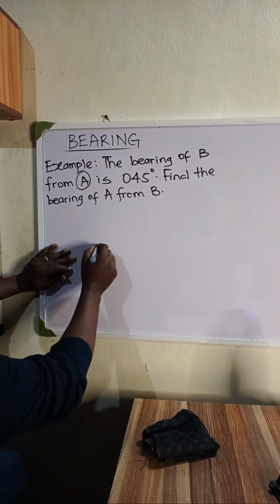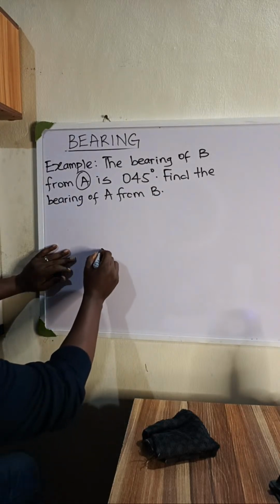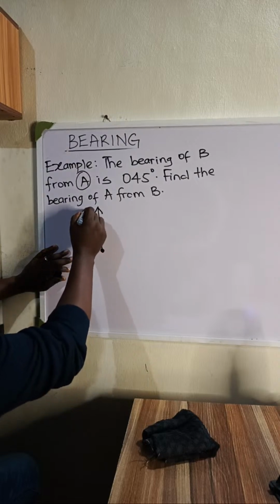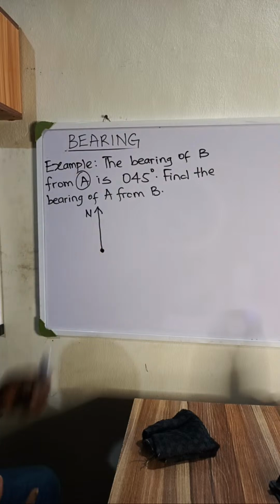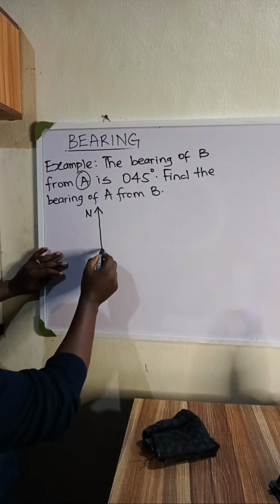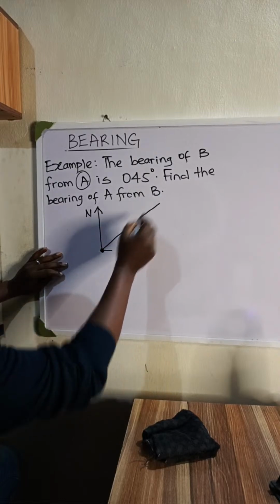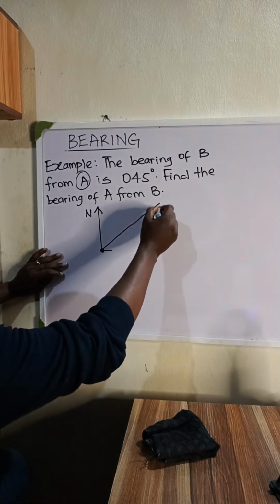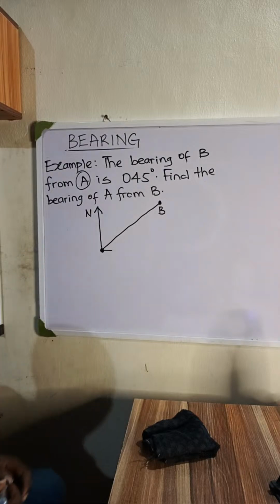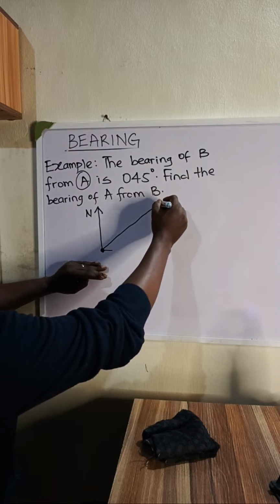Okay, so this is point A, and let's get our north direction. So this is our north direction, and then we need to travel at an angle of 45 degrees. So we know that here is 90 degrees, so 45 degrees will be along this line, and then we get to B. This is point B. But this journey can continue like this if you like.